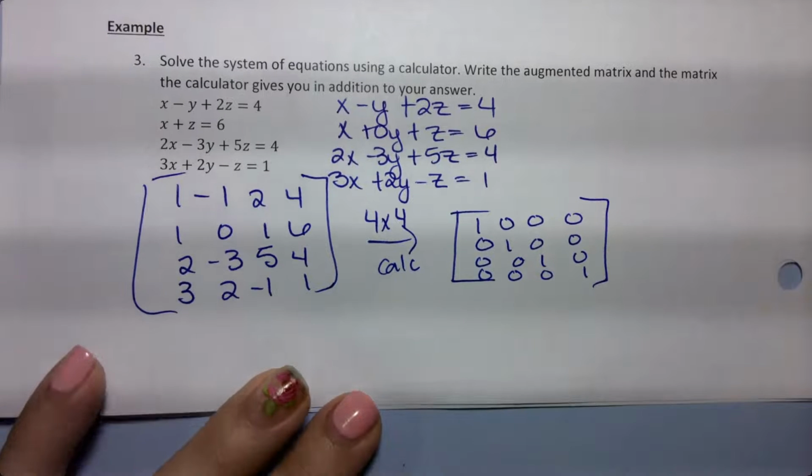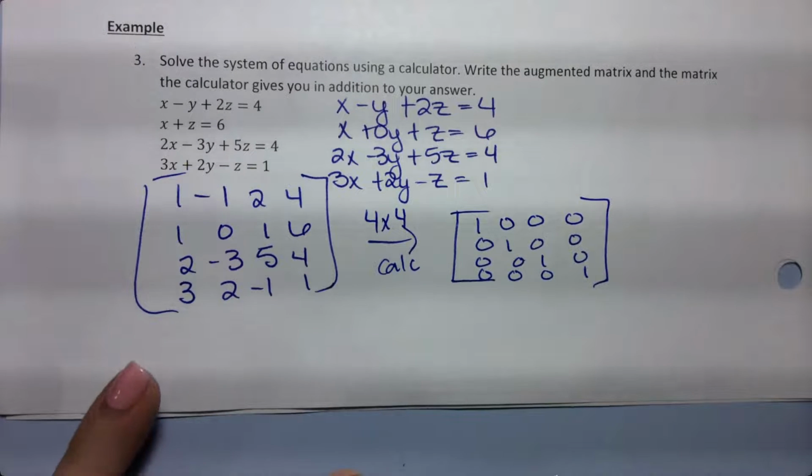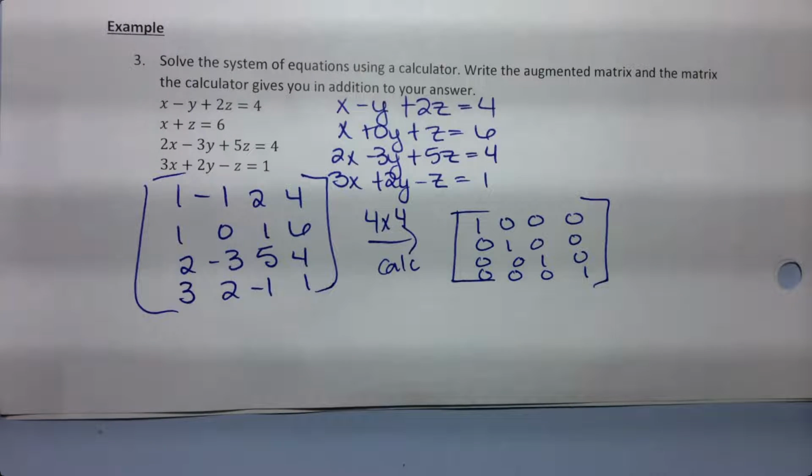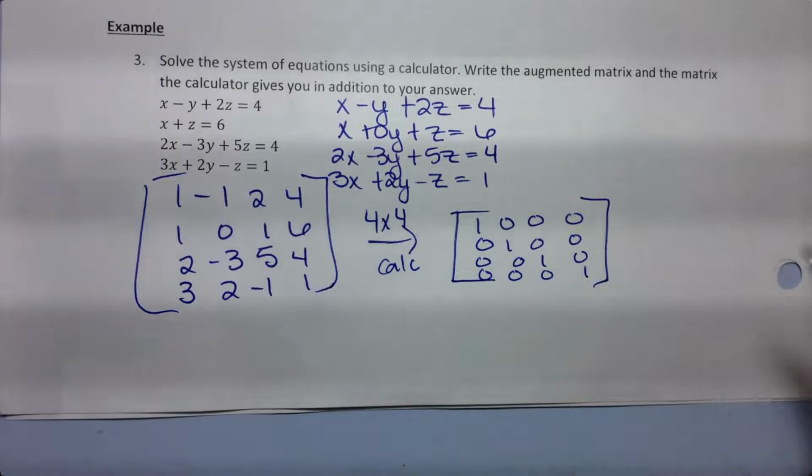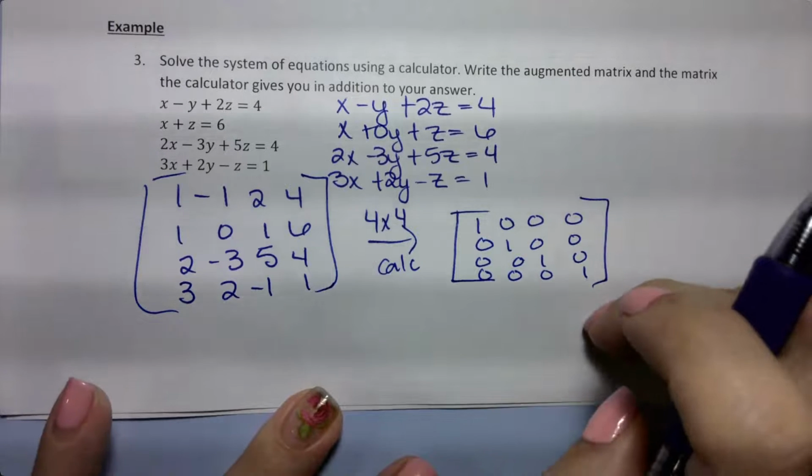Okay, so if I take a look at this matrix, it looks right. It looks square. It has that diagonal of 1s, but notice I'm missing my answer column. So that means this column right here has to be my answers.